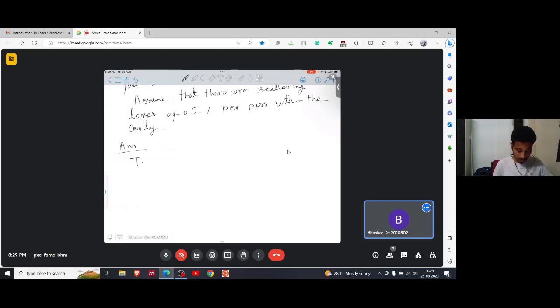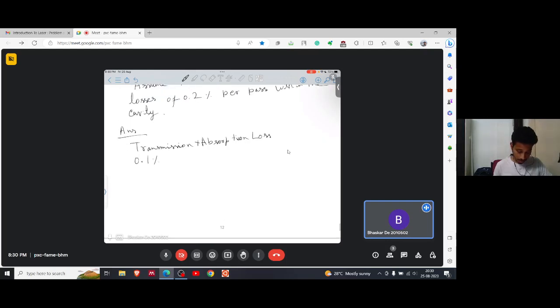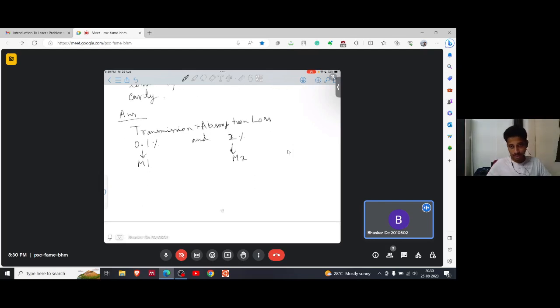So transmission plus absorption loss: 0.1% and 2%. So this is for mirror 1, this is for mirror 2. Here I am writing transmission and absorption loss because there are three or four things that can happen after shining a light on a mirror.